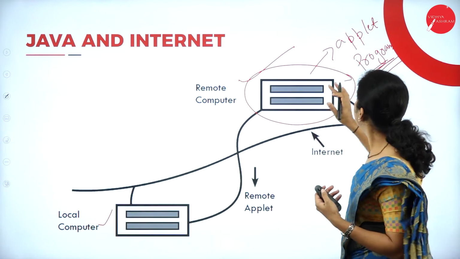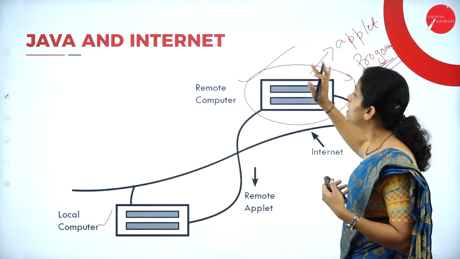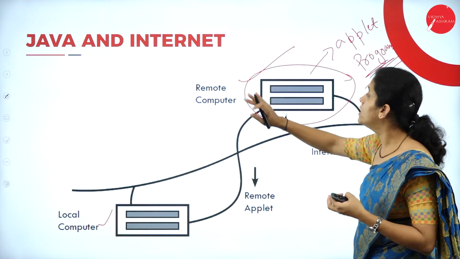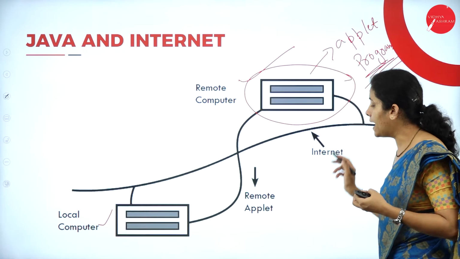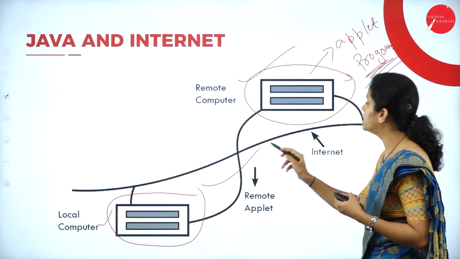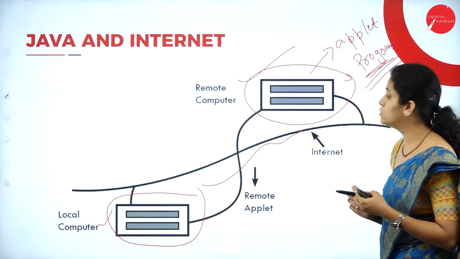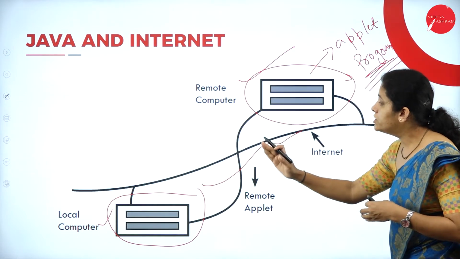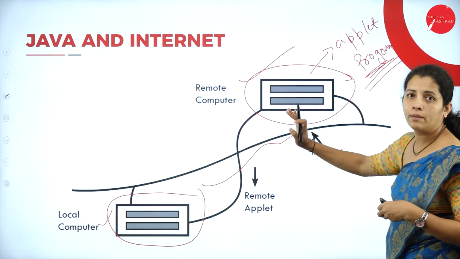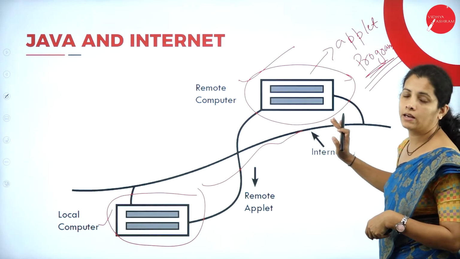So here the applet programs are written or stored in the remote computer and can be accessed by the local computer with the help of internet. So this is the relationship between local computer and the remote computer with the internet.